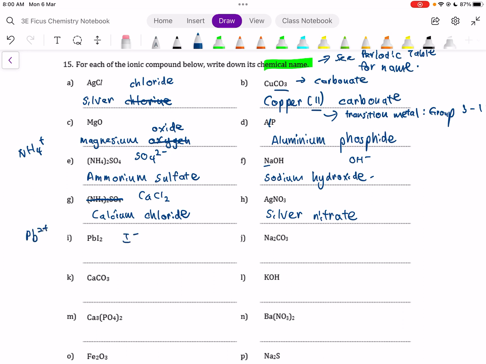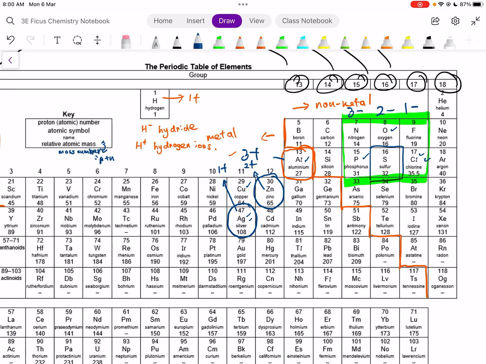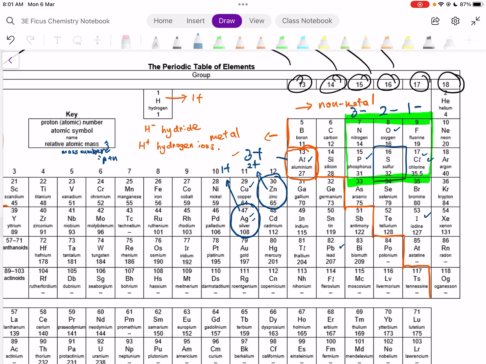So this one we have lead(II) iodide. You can check from your periodic table: lead is down here, then iodide is down here. Lead(II) iodide.